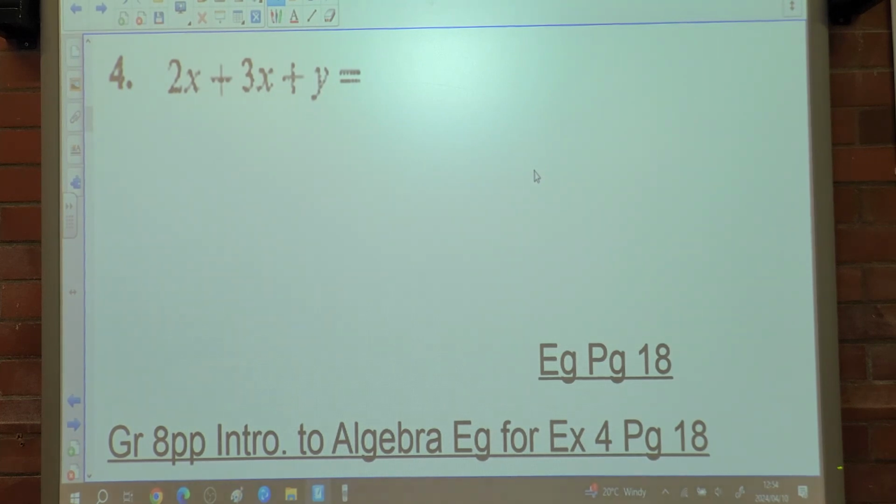Okay, behind, what is your answer, Michael? Five x squared. When you're adding and subtracting, the variables stay the same. So it must be 5x, yes?